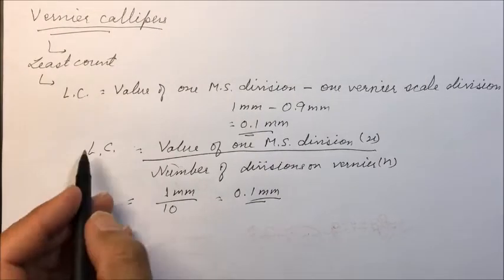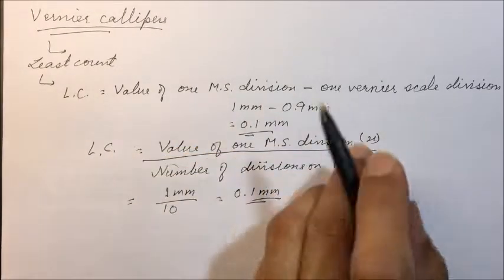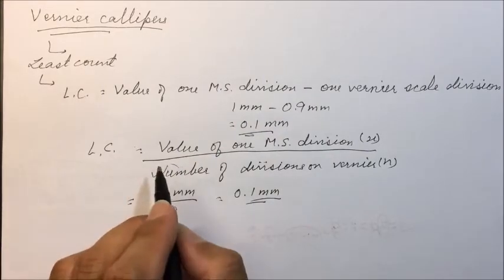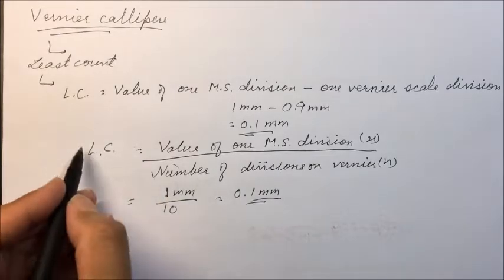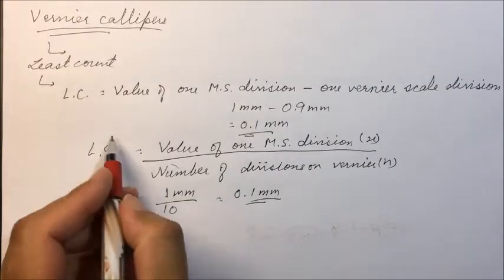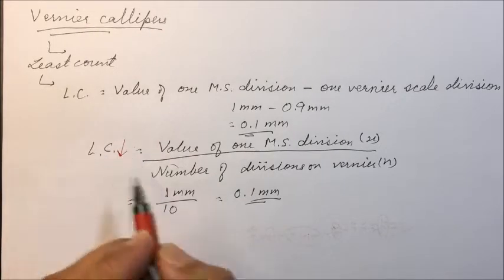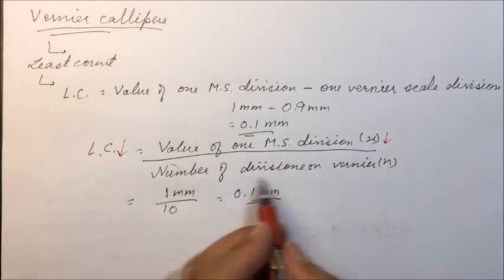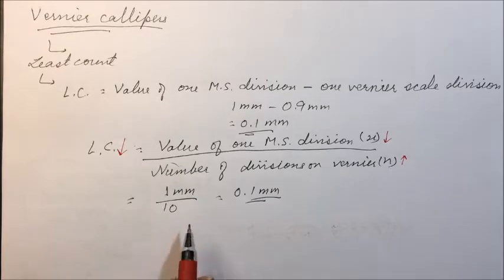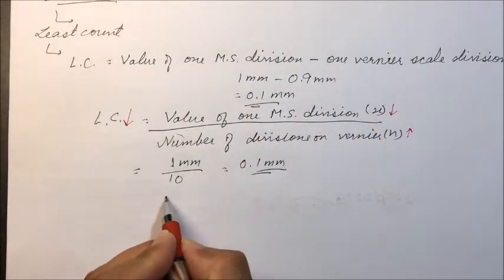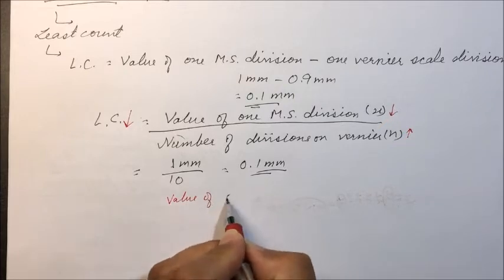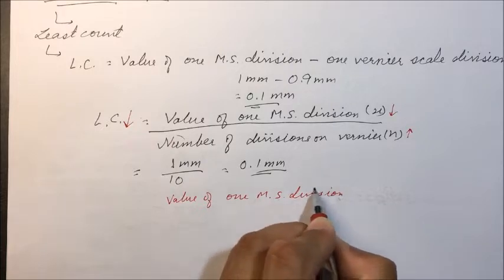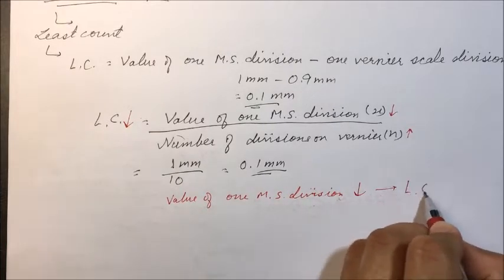Now, the smaller the least count, the more precise the measurement we can make. So if we have to decrease the least count, what can we do? We must decrease the numerator value, or we must increase the value of the denominator. That is, if we decrease the value of one main scale division, the least count will decrease.